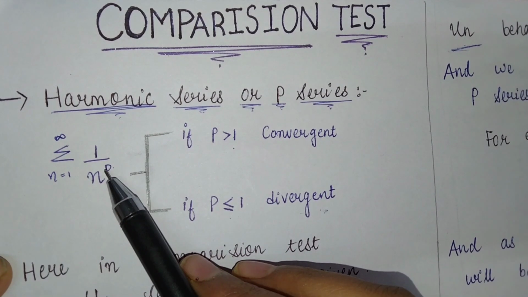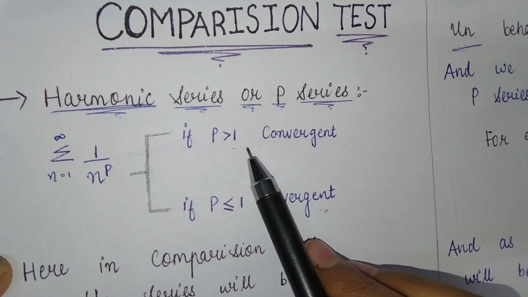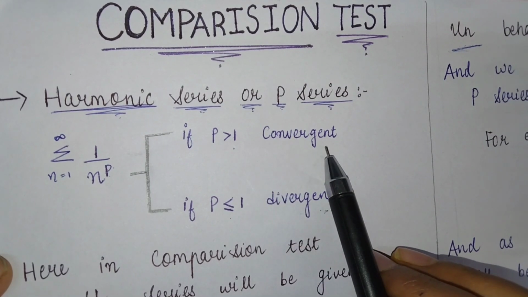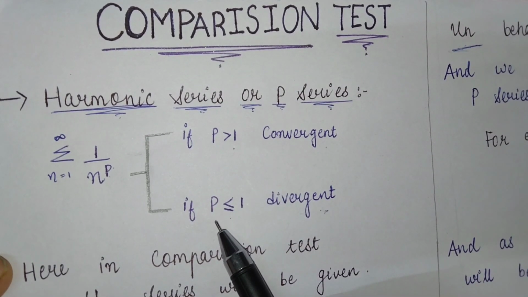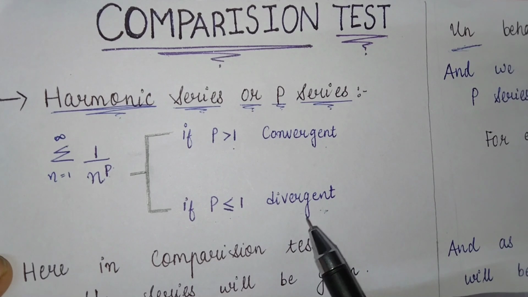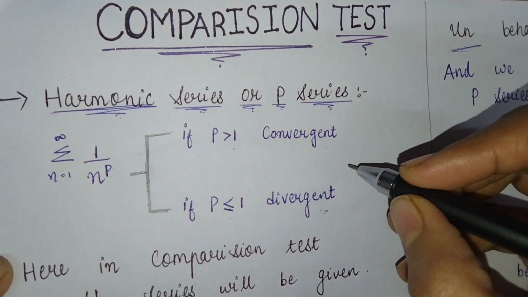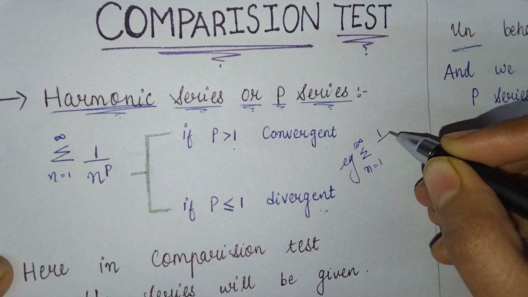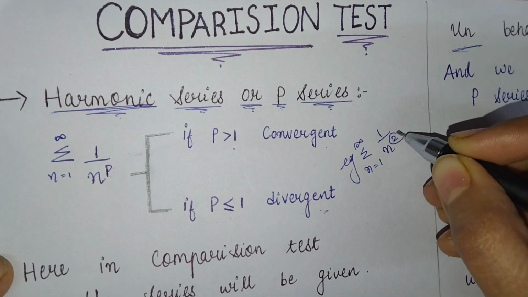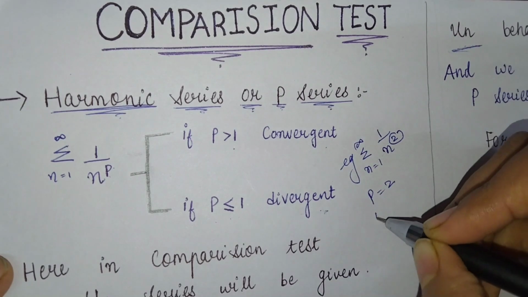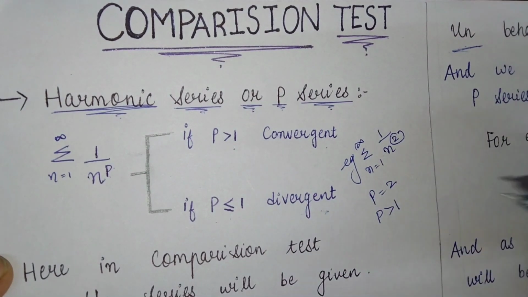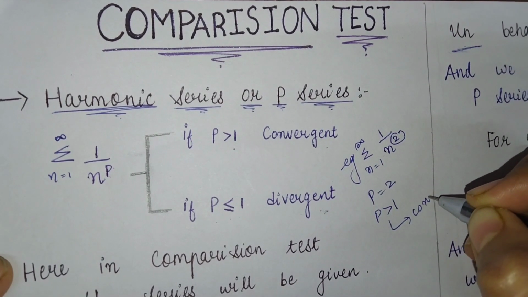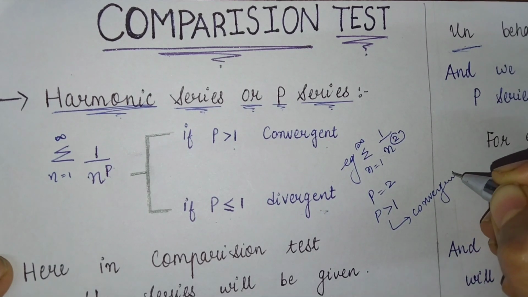If p is greater than 1, then the answer will be convergent, and if p is less than or equal to 1, then the answer is divergent. For example, summation n equal to 1 to infinity 1 by n square. Here p is 2, which means p is greater than 1, so it will be convergent according to P test.